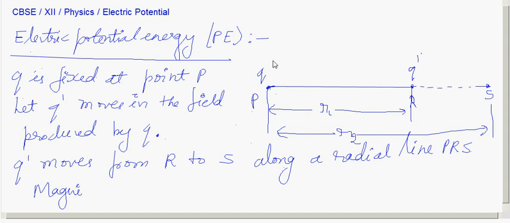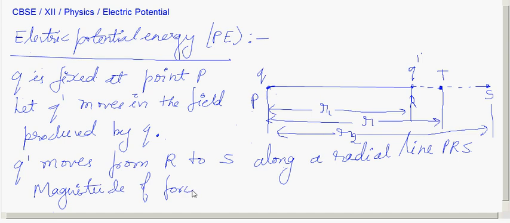Let us say the charge Q dash is now at some point T, on the line PRS, at a distance r from P. The magnitude of force on Q dash when it is at point T is given by Coulomb's law.